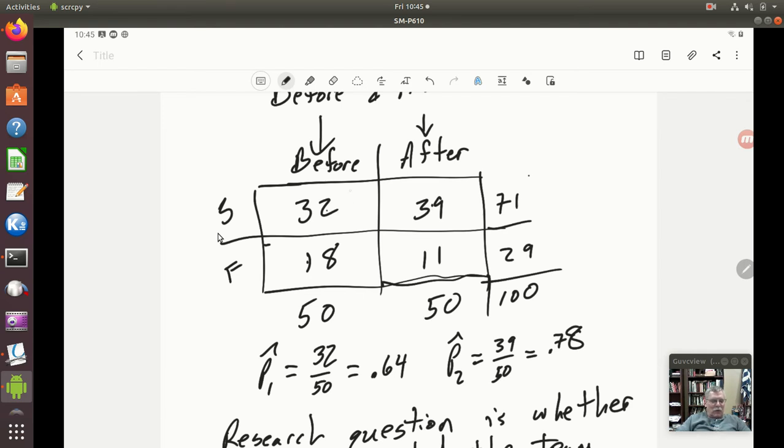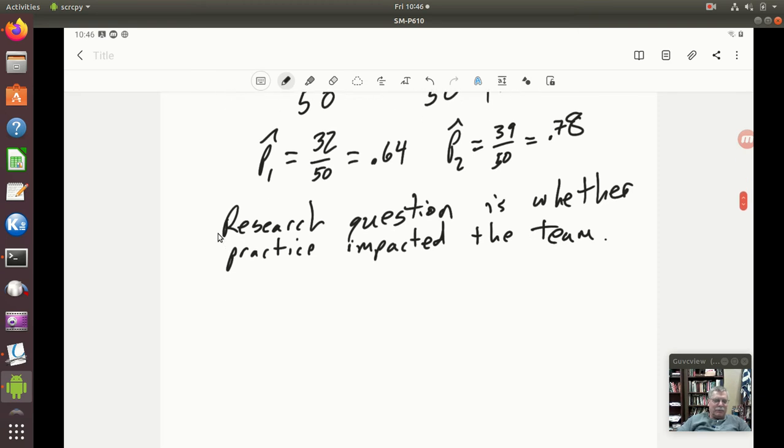I can think of the whole column, with the 32 and 18 and the 39 and the 11, and ask, do I think these two columns actually came from the same population, but because of sampling they look different? Or do I think these two columns probably came from different populations? Okay? And so that's another way to frame the question.